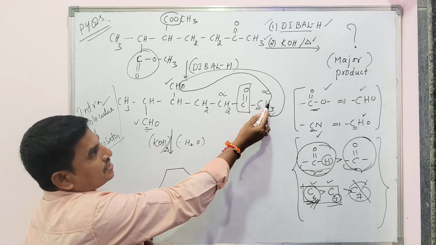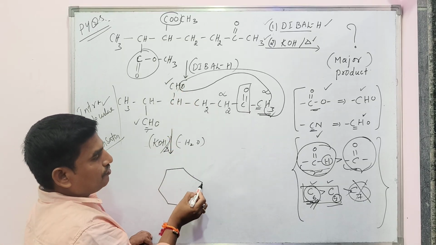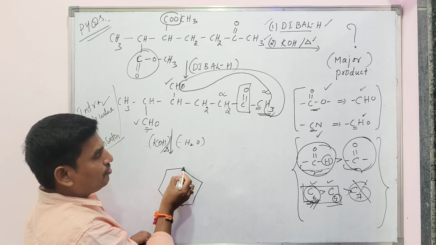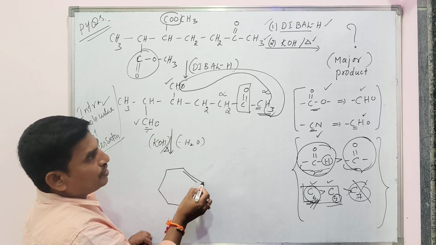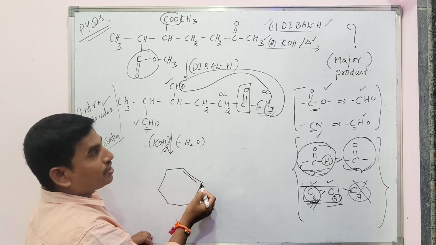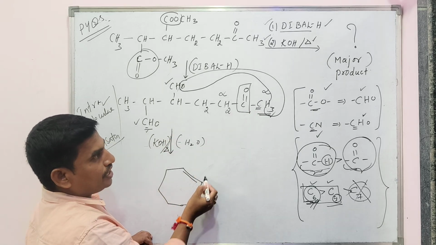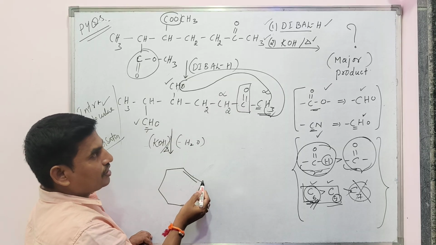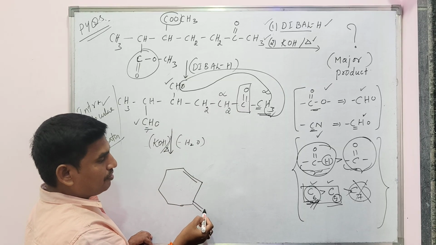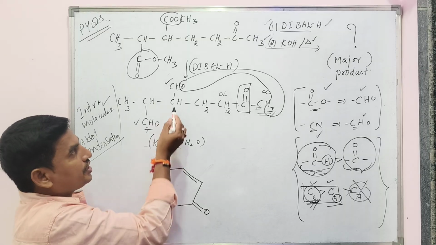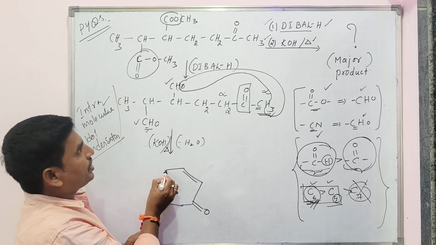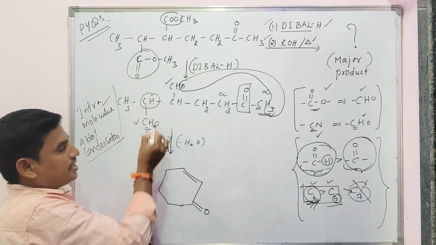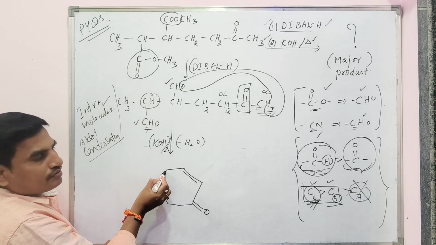Here CH3, CH2 double bond CH. If you go for here a CH2 double bond CH, here you can keep the double bond. It is an aldehyde group, CH group. Here is a CH group, here also a CH group. The CH group is adjacent to which group? It is in the ring, so it forms a double bond O. Right? Here is double bond O, adjacent is CH, and here we are getting adjacent CH.